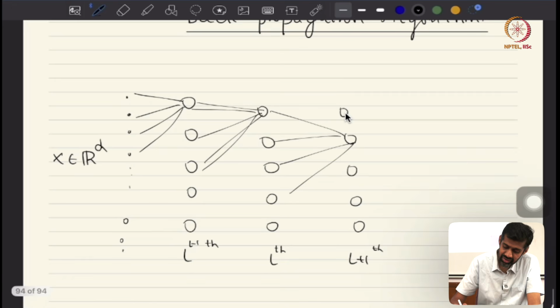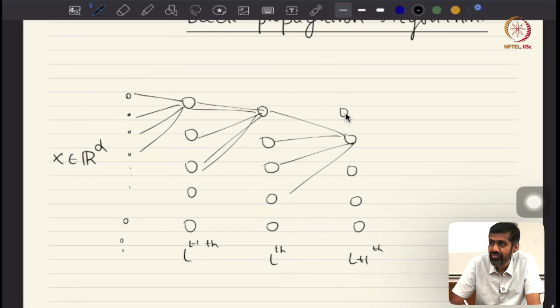Okay. So, in our vectorized notation, please note that every dimension of data here is connected to every neuron individually. You see what I am saying? Now, in our vectorized notation, that forms one column of the W matrix. So, every layer of the neural network will now have one W matrix.